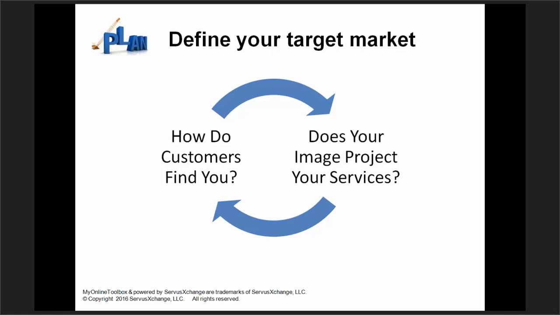What happens is, when you're thinking about a website or any type of marketing activity, you have to define what is your target market. And many times, it's very hard for someone to say, what's the difference between how do customers find us and what image are we projecting when they do find us?